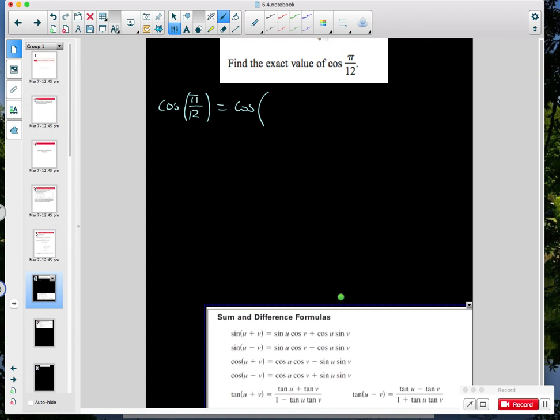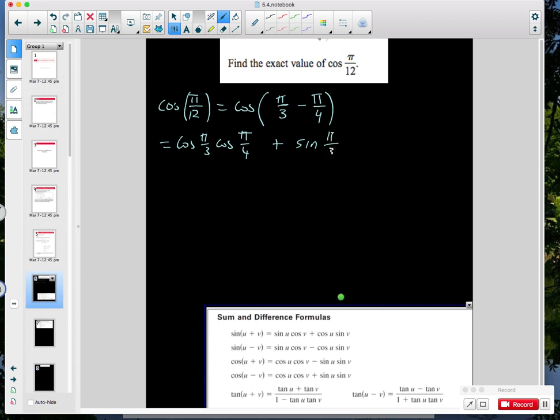It becomes cosine of pi thirds minus pi over 4. And then that formula, the cosine of the difference, will become a sum. So I have cosine of pi thirds, cosine of pi fourths, plus the sines, sorry.